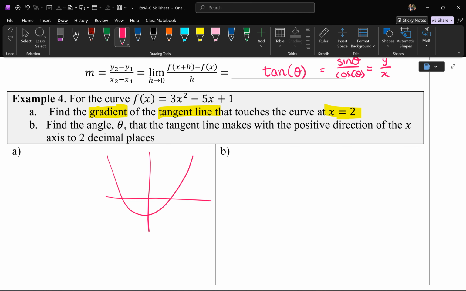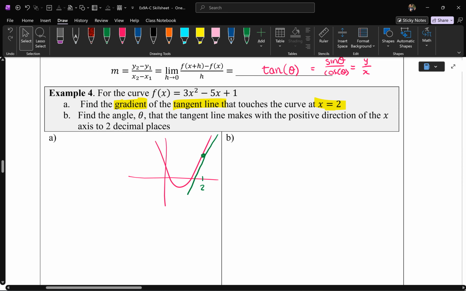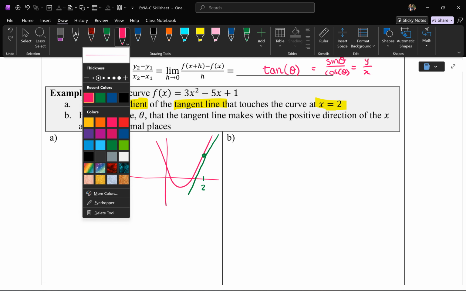There's a y-intercept at 1, so maybe like that. Who knows? The point is that at x equals 2, say it's over here, there's a tangent line. There's my tangent line. I want to know what the gradient is. How do we find the gradient at x equals 2?